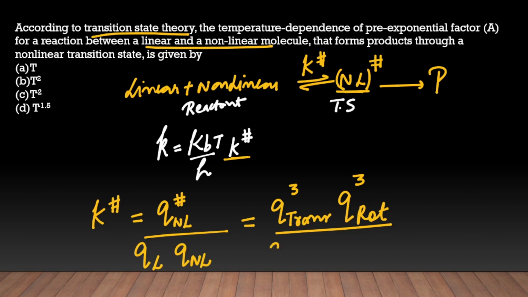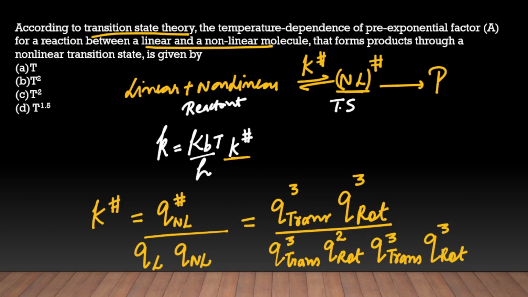For the linear molecule, it includes the translational partition function raised to the power of 3, and the rotational partition function raised to the power of 2. For the non-linear molecule, again it includes the translational partition function raised to the power of 3, and the rotational partition function raised to the power of 3.